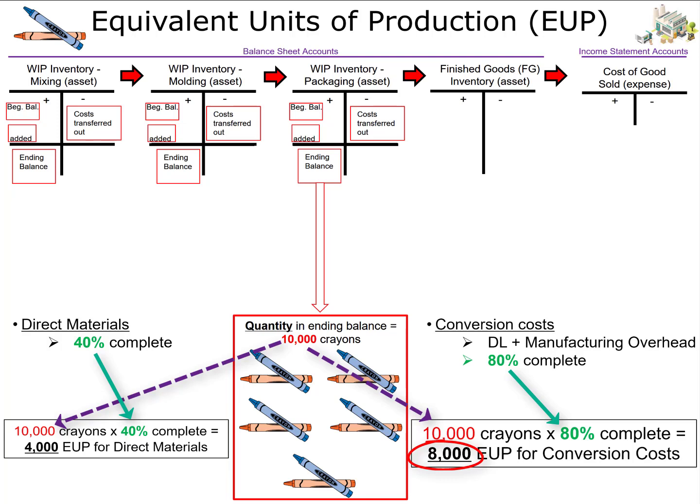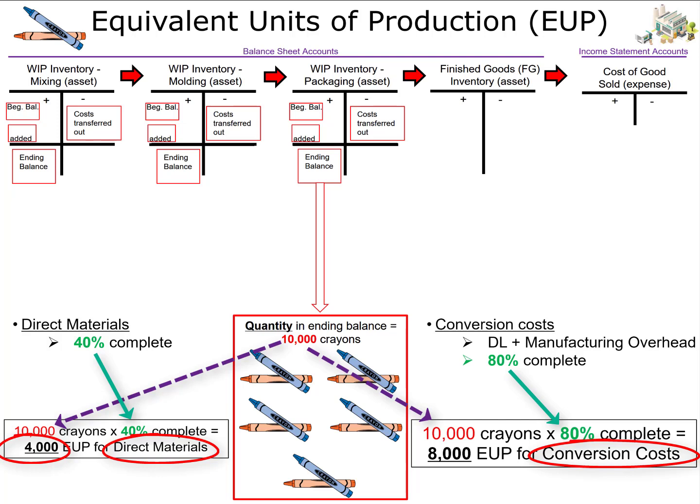So notice that the equivalent units of production for these 10,000 crayons are different in terms of direct materials and conversion costs. These 10,000 partially completed crayons are equivalent to 4,000 fully completed crayons in terms of direct materials.